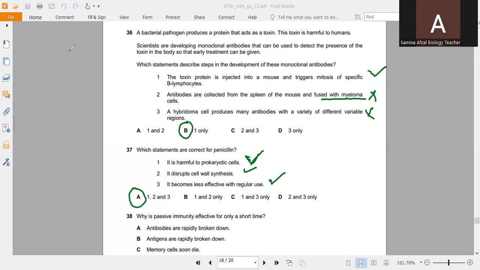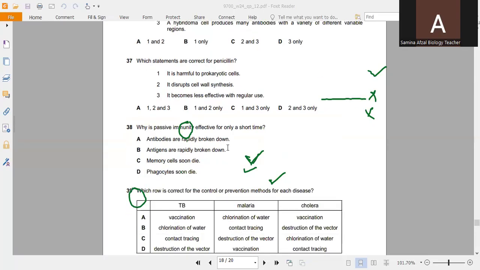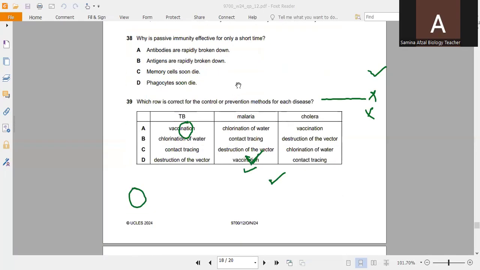Now we are moving towards the next question, number 38. Why is passive immunity effective for only a short time? So first of all, what is passive immunity? Passive immunity is that type of immunity which is not produced by the body.